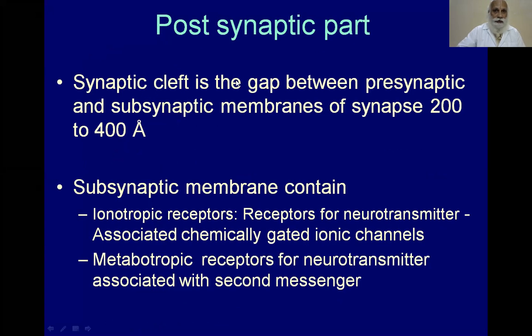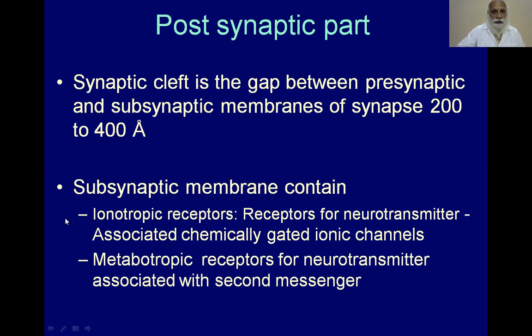In the postsynaptic part, the synaptic cleft is the gap between the presynaptic and subsynaptic membranes, 200 to 400 angstroms in thickness. The subsynaptic membrane contains the receptors. They could be ionotropic receptors or metabotropic receptors.